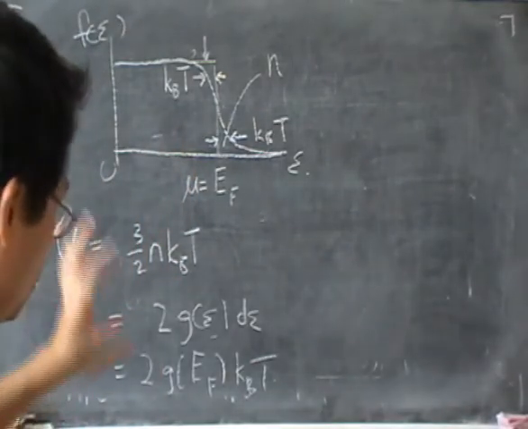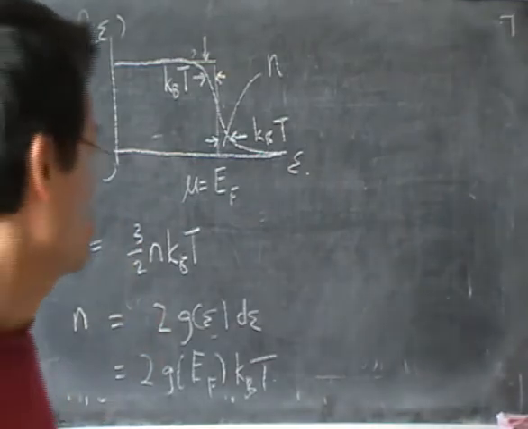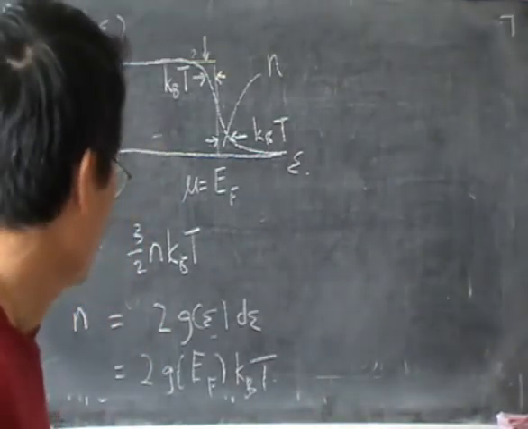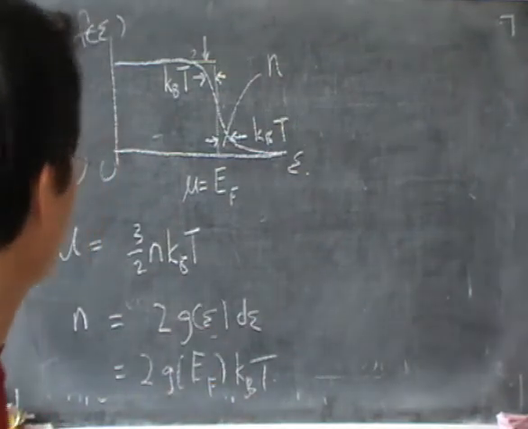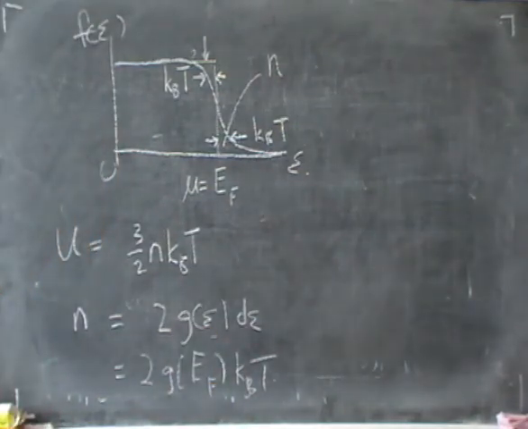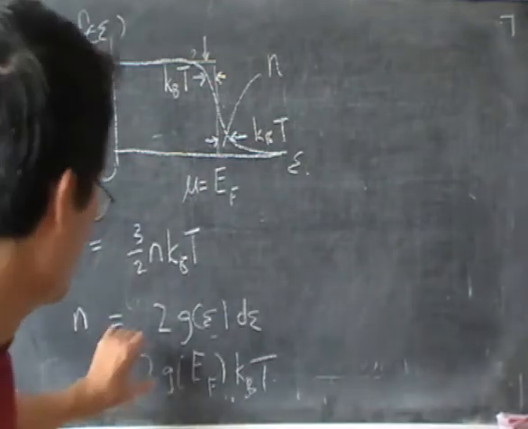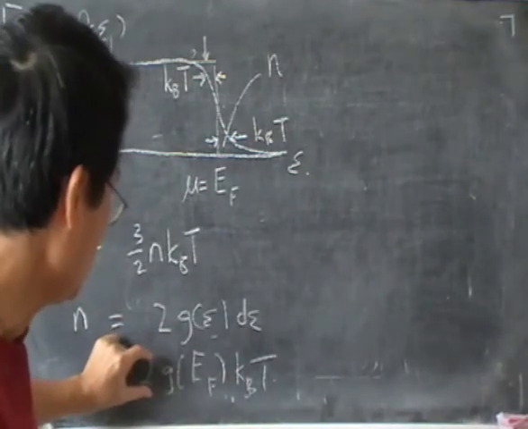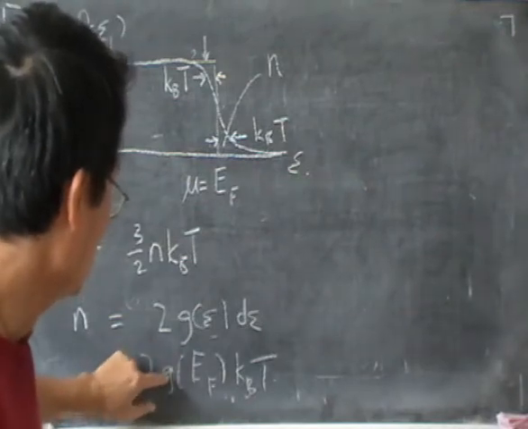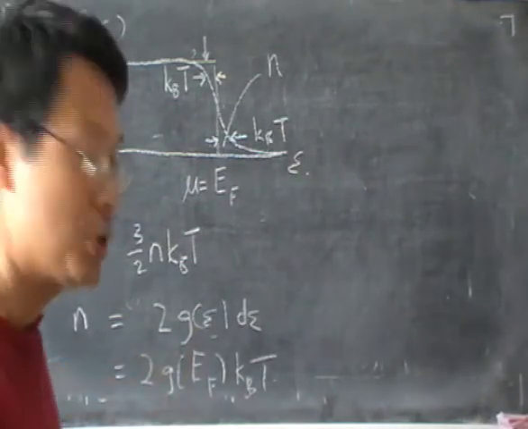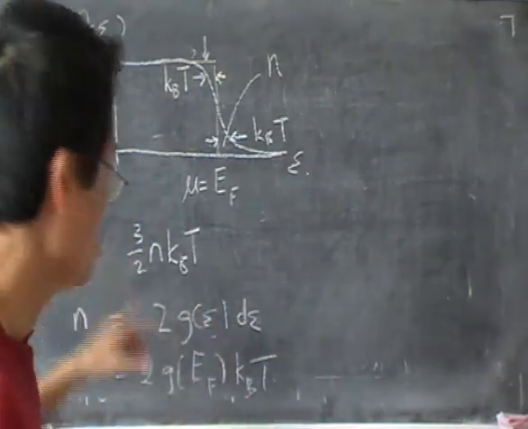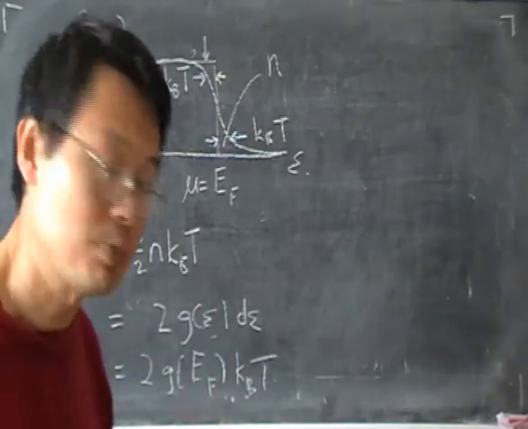So from this point on, it is fairly obvious what to do. Now, what I'm going to do next is write down an expression for the density of states at the Fermi energy, just to make the final expression for total energy and heat capacity look simpler.